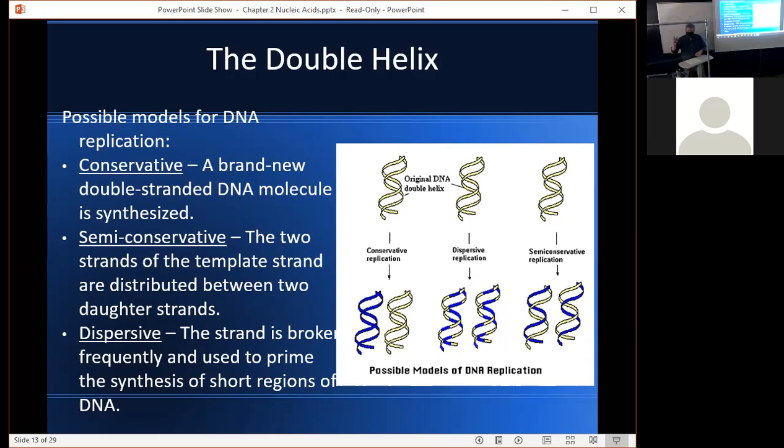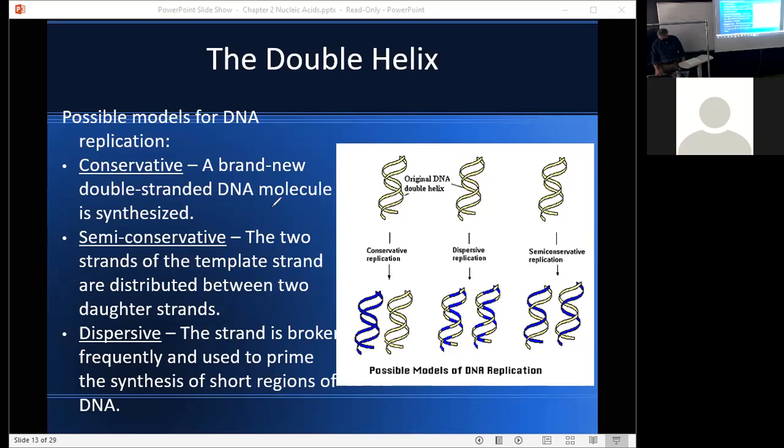So there were 3 different models out there at the time describing how DNA replicates. First, at the top, there was the conservative model. This hypothesized that a brand new double-stranded DNA molecule is synthesized from the information on the existing DNA.